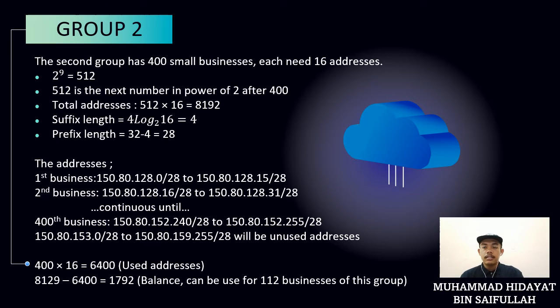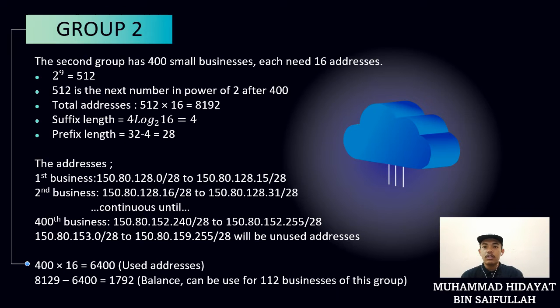For the addresses, the first business gets 150.80.128.0/28 to 150.80.128.15/28. For the second business, 150.80.128.16/28 to 150.80.128.31/28.